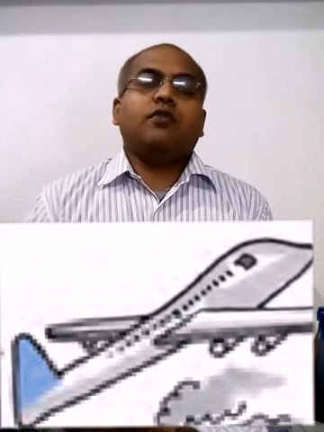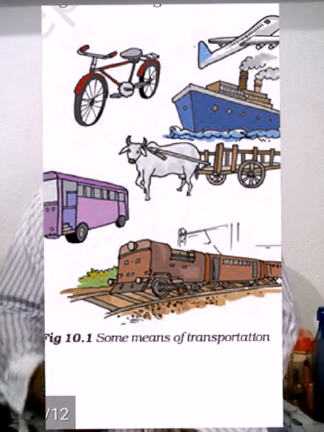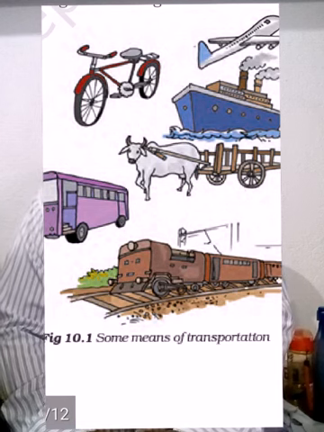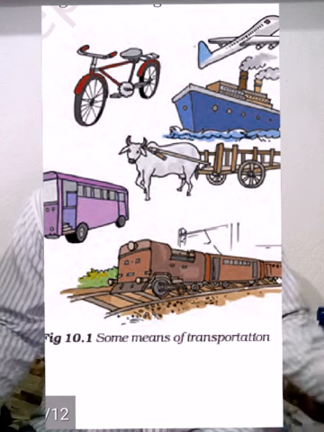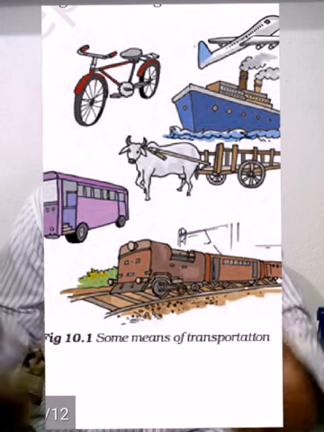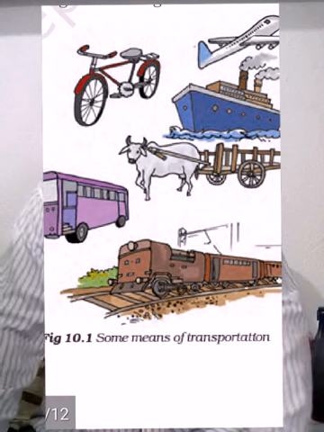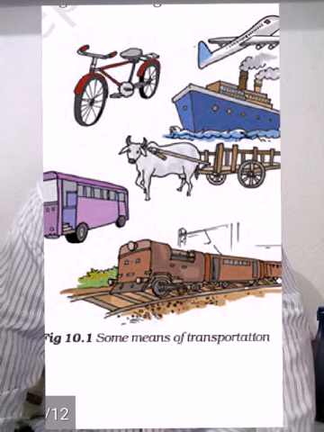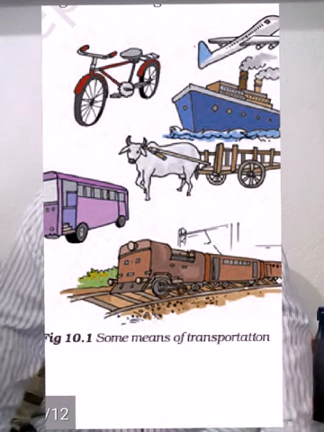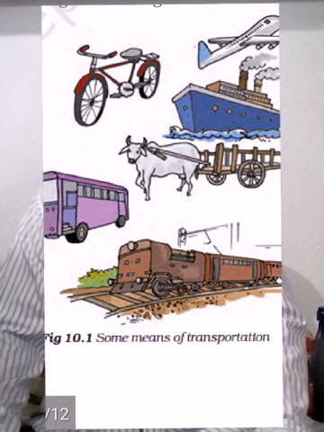So now we will enter into the measurement area, where we have to understand the distance of one place to another place, and depending upon that knowledge we have to use the various types of transport methods or transport ways. So class, this is the introduction of this chapter.